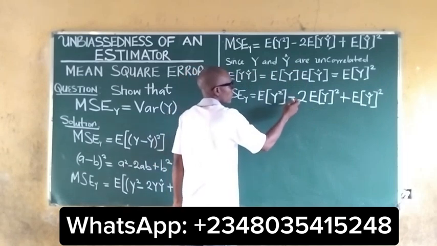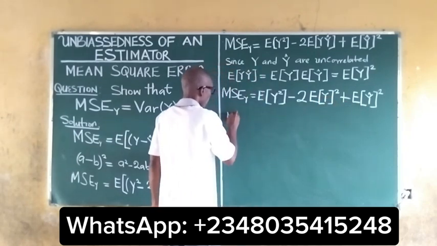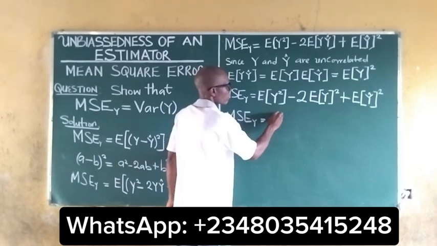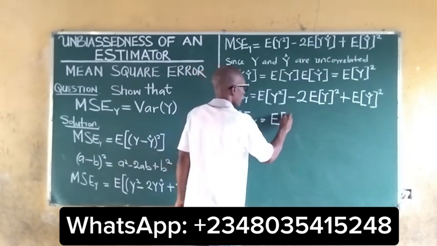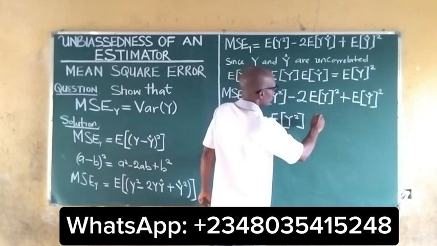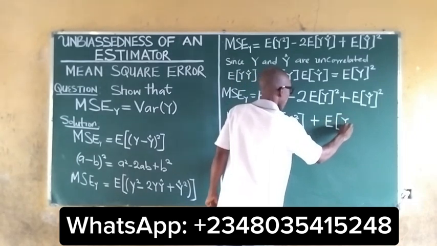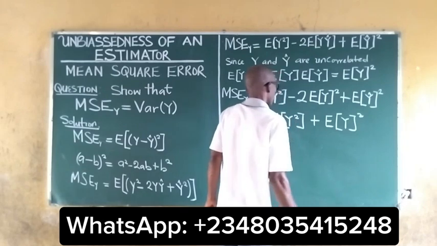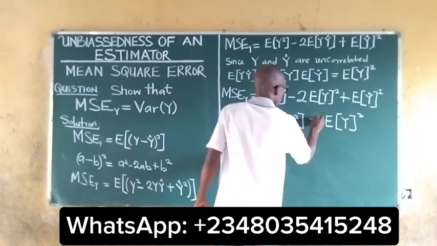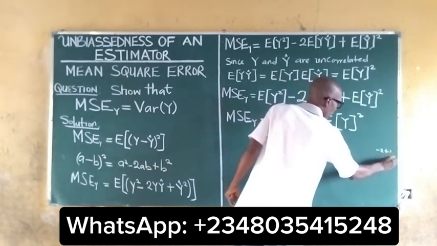So negative 2 plus 1 gives us that our mean square error of y will be equal to the expected value of y squared minus the expected value of y all squared, because minus 2 plus 1 is minus 1.